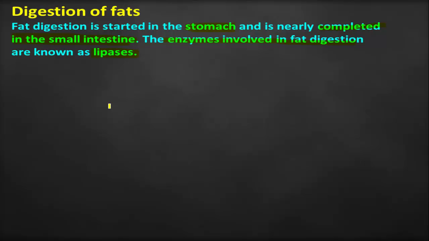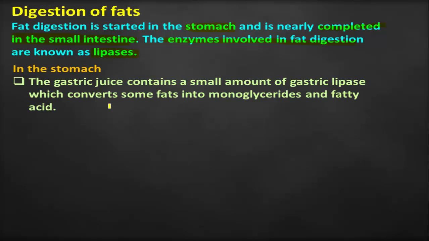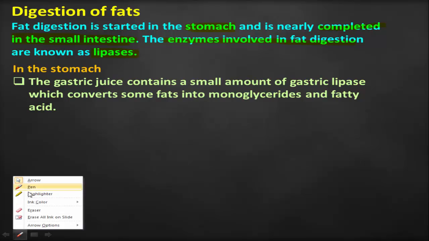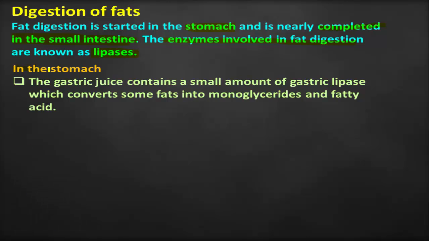So what happens to the fat molecule in the stomach, and how is it completely digested in the small intestine? In the stomach, the gastric juice secreted from the gastric glands contains a small amount of gastric lipase.